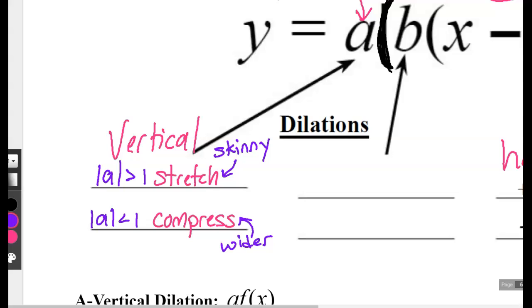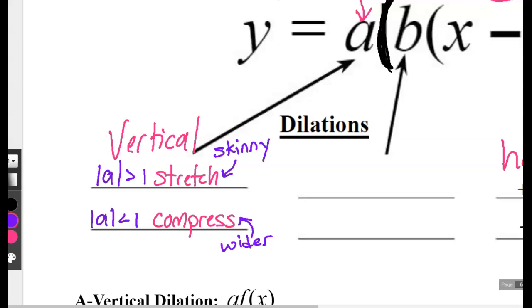It's a positive 4. What did it get rid of? The negative. I wanted to get rid of the negative in this situation because a negative in front of A has nothing to do with the stretch or compress. A negative in front of A actually does a reflection, which we're not learning about today. We're learning about next class.